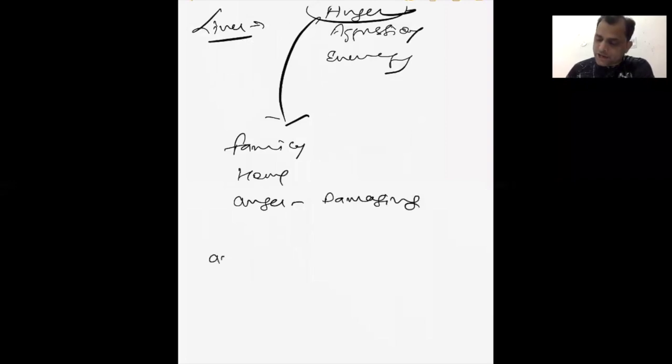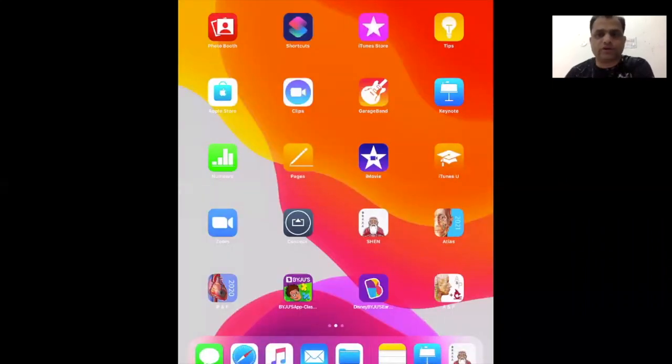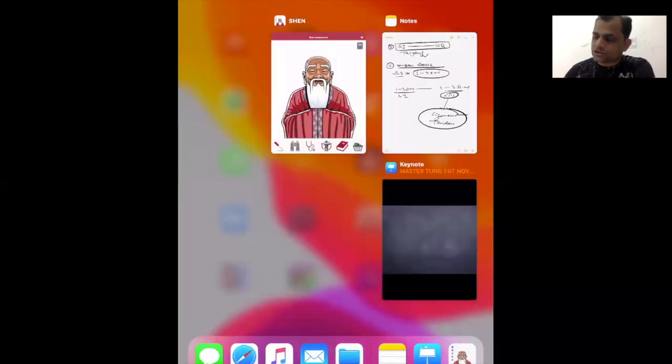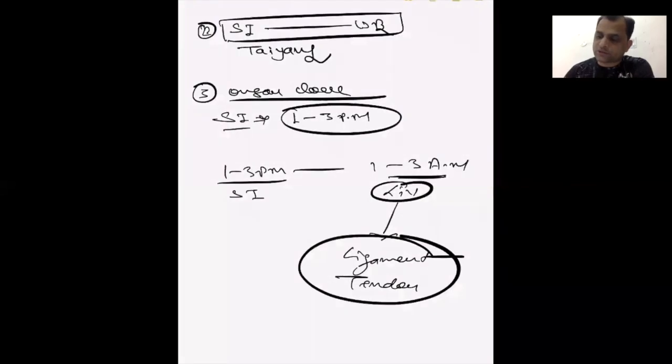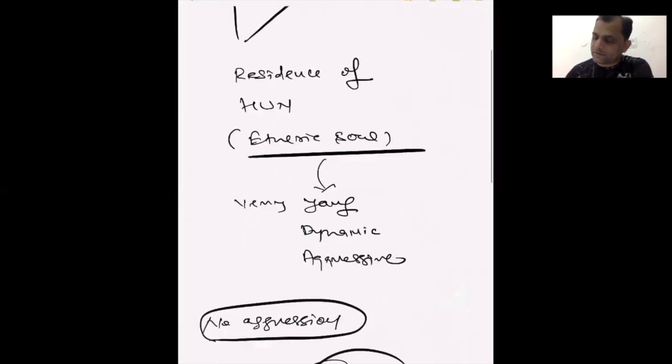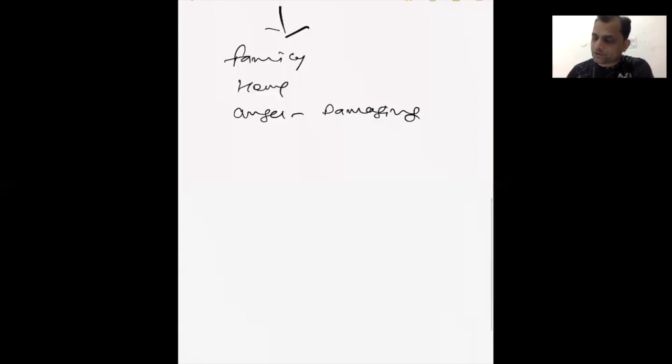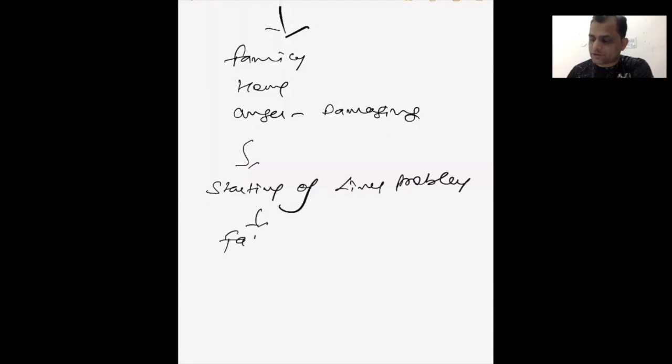If some person is angry again and again, this is the starting stage of fatty liver. So be careful, it means the start of a liver problem. And many times this liver problem converts into fatty liver.